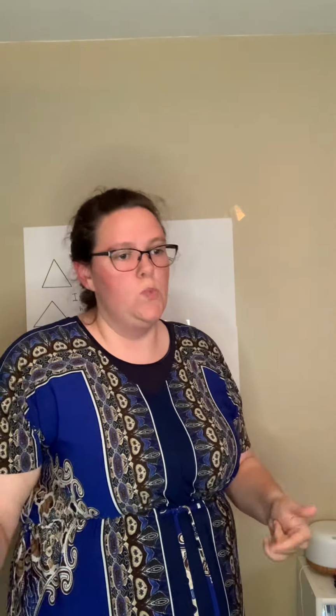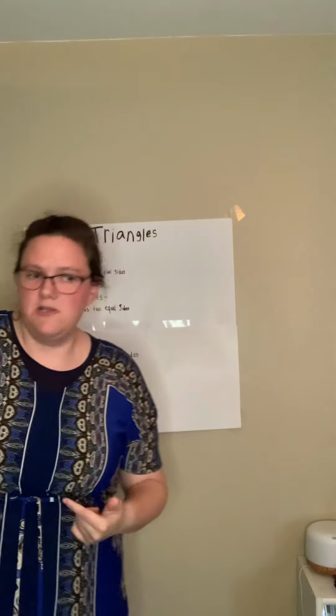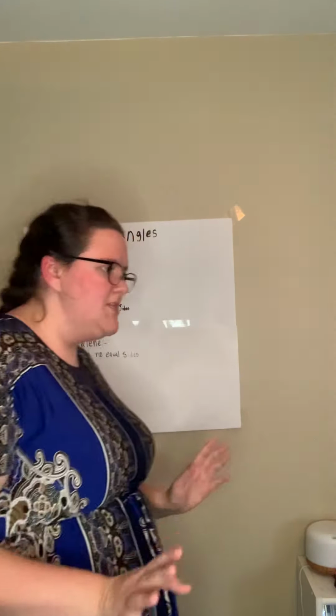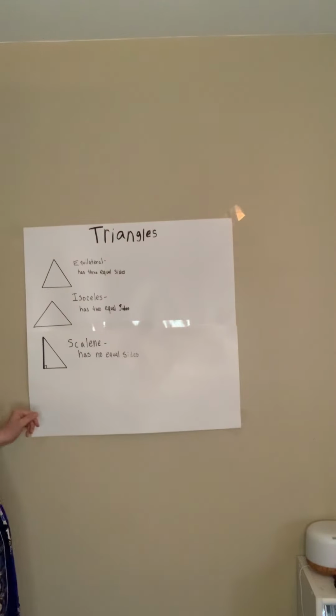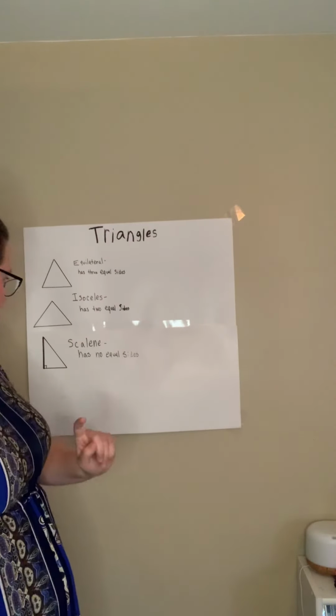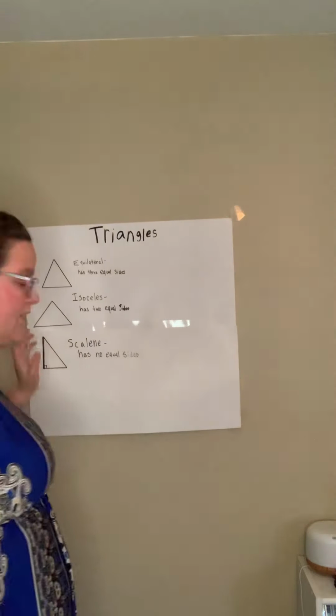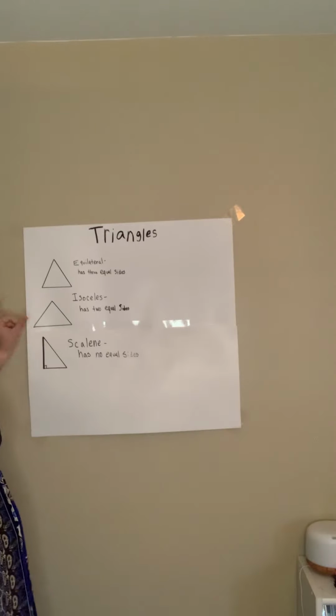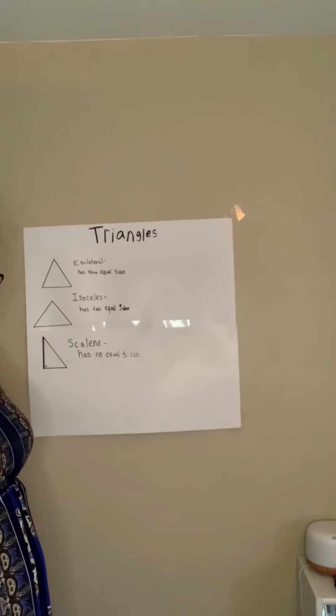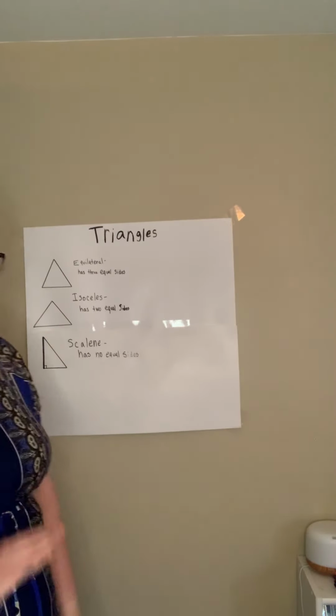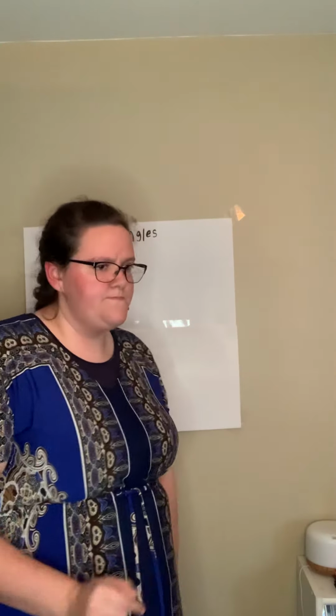That kind of stuff is going to help us a lot down the road when we learn about more things you can do with triangles. But let's hold off with that right now. The thing about a scalene triangle is that it has no equal sides. So if I took a ruler and measured each of the 3 sides of this triangle, not one of them would be the same.